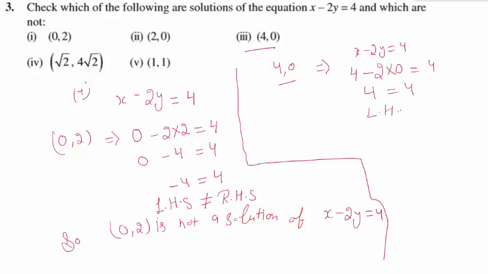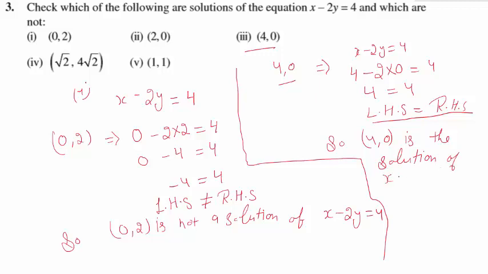So left hand side equals right hand side, and hence 4 and 0 is the solution of x minus 2y equals 4. Similarly, you can try the second, fourth and fifth parts.